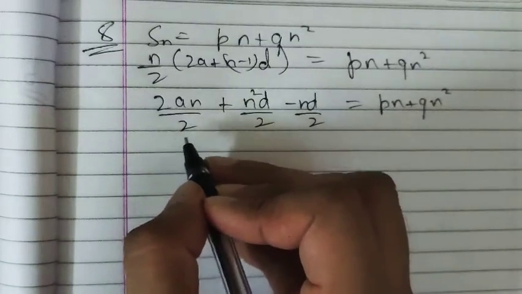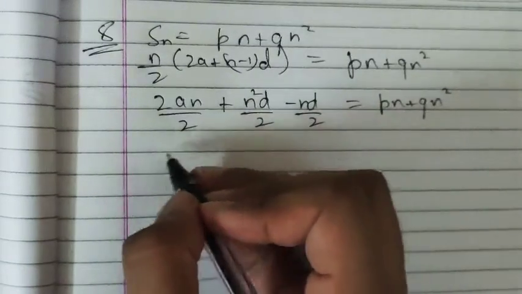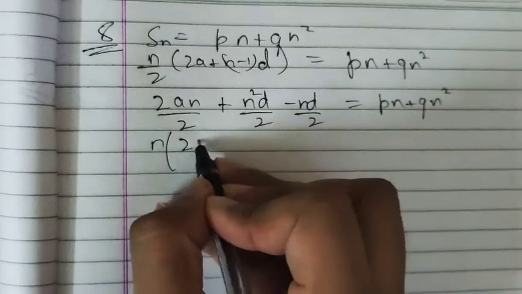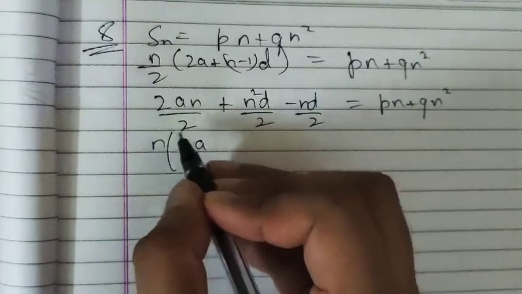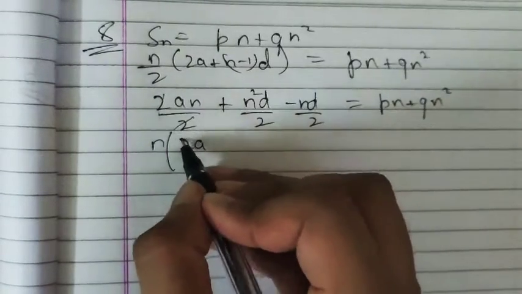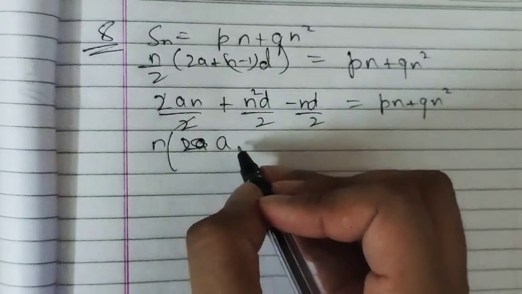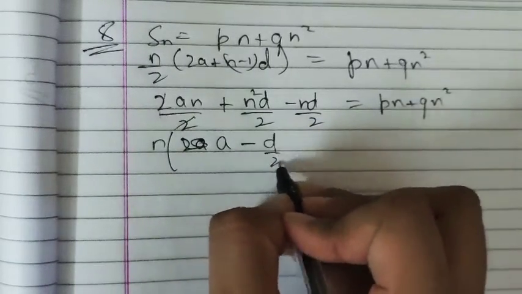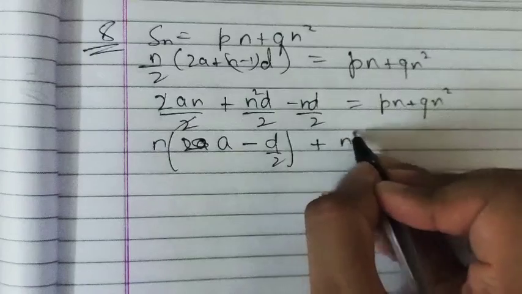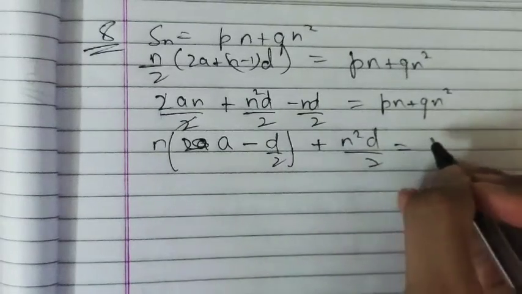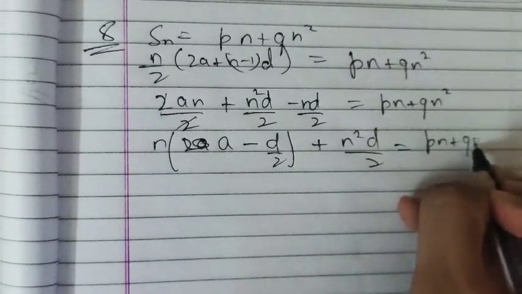So taking n common from these two, we have 2a, 2 to 2 get cancelled, so a minus d by 2 plus n square d upon 2 is equal to Pn plus Qn square.